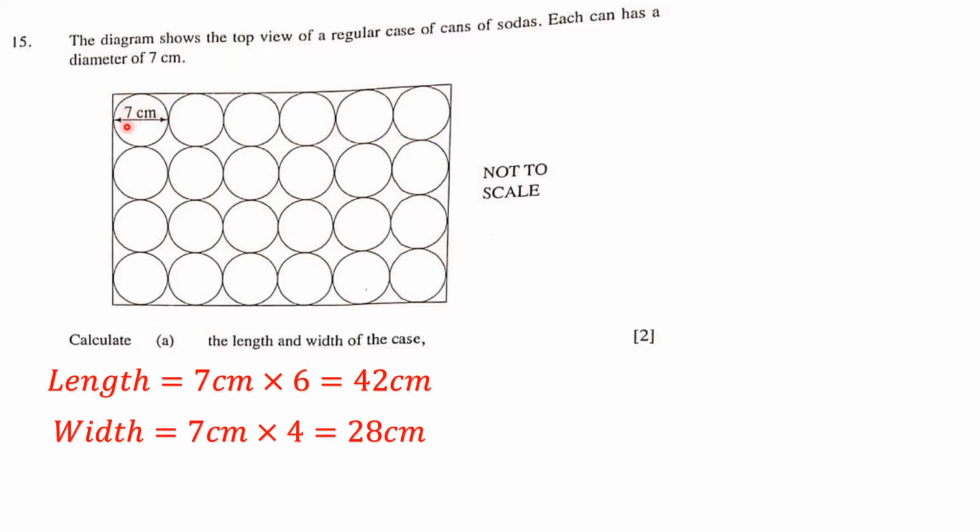The width is 7 centimeters multiplied by 4 because it's 4 cans and the diameter is 7 centimeters, which gives us 28 centimeters. So the length is 42 centimeters and the width is 28 centimeters. Indeed, the length is the longer side. Okay, so let's move on to the next question.